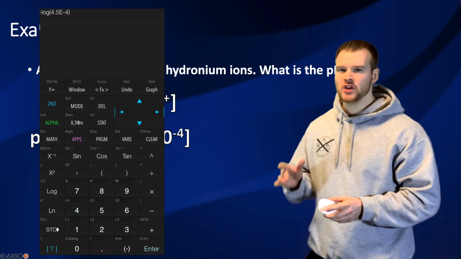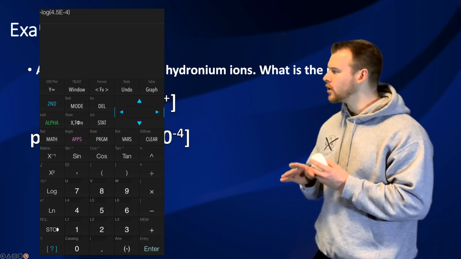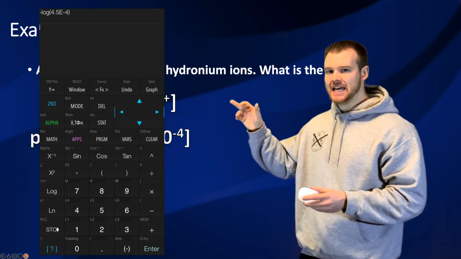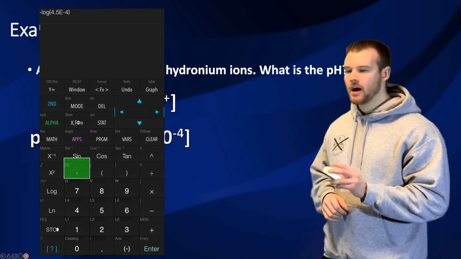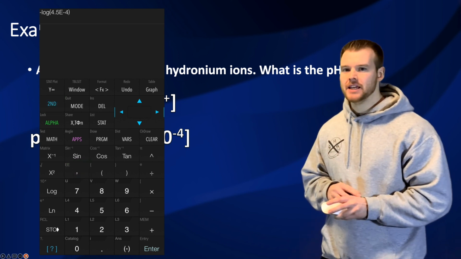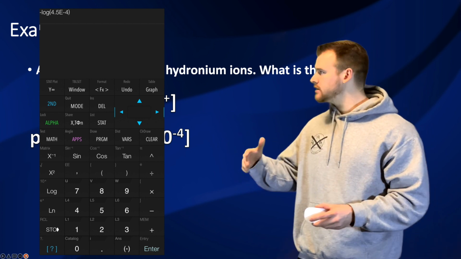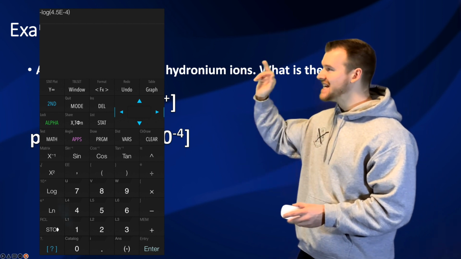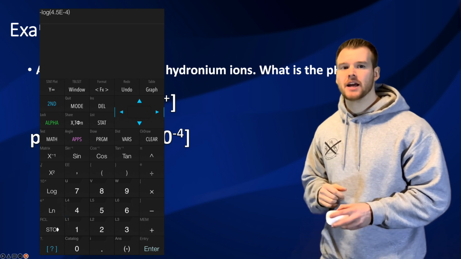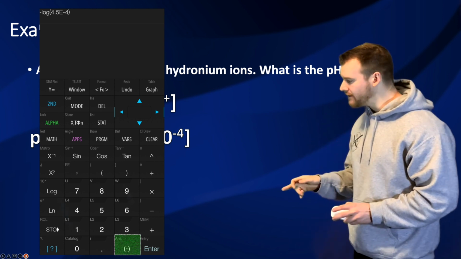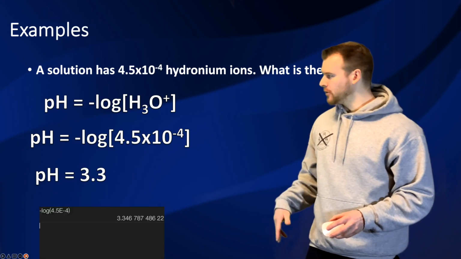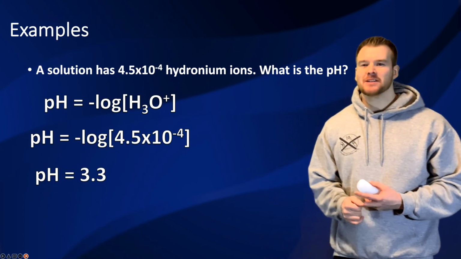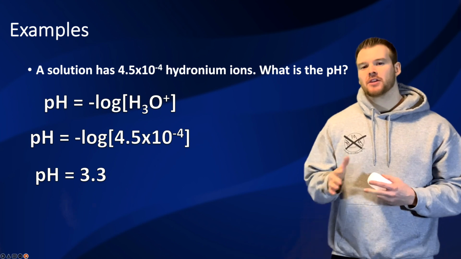And then for the exponent, you might remember this from the start of the course, we're going to use that E symbol, and that's by pressing second and then comma, and that's going to bring up that E, and it means times 10 to the exponent. So all I had to put in was 4.5 E, which means times 10 to the, and then I'm going to again put that negative button, and then 4, get that calculator out of the way, and we can see our answer as a pH of 3.3.